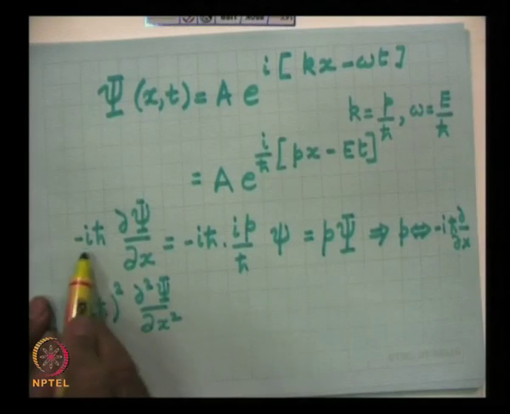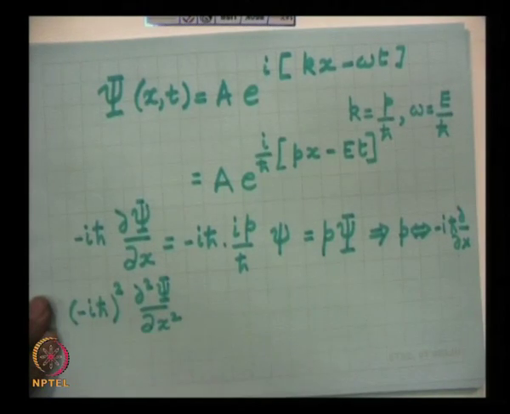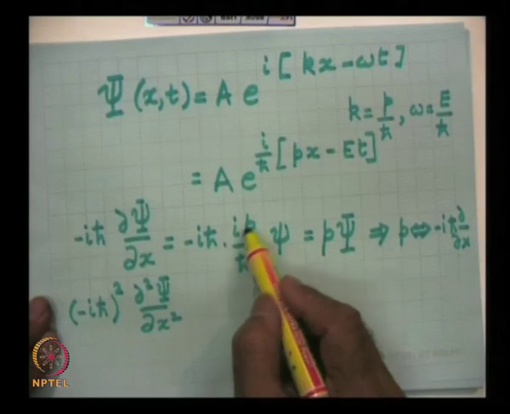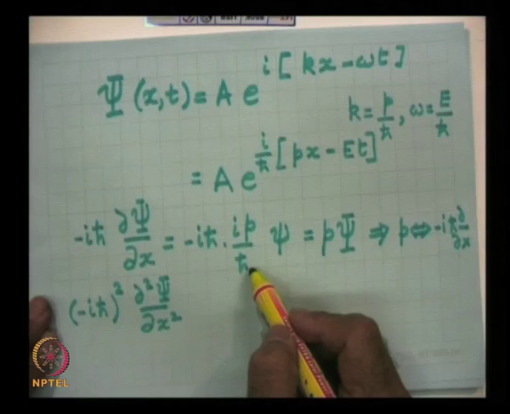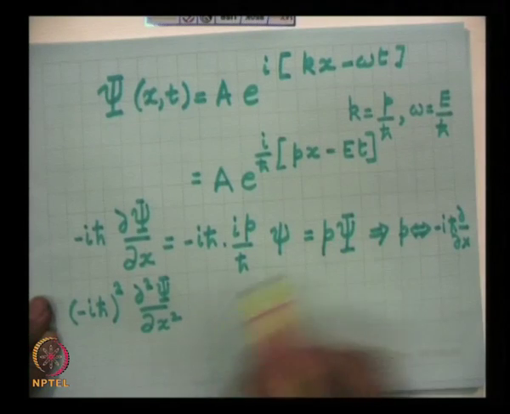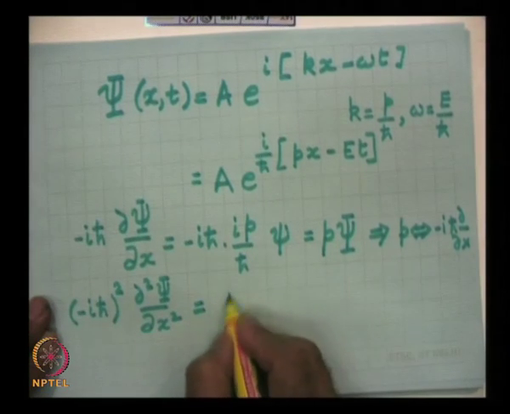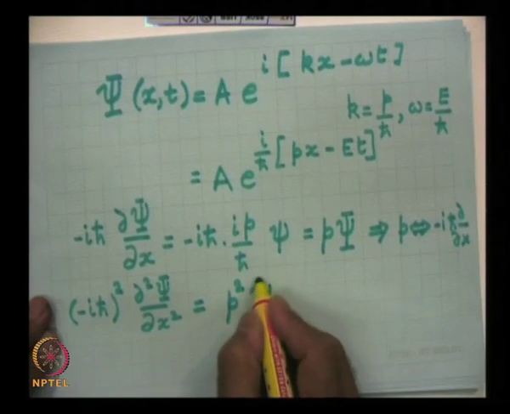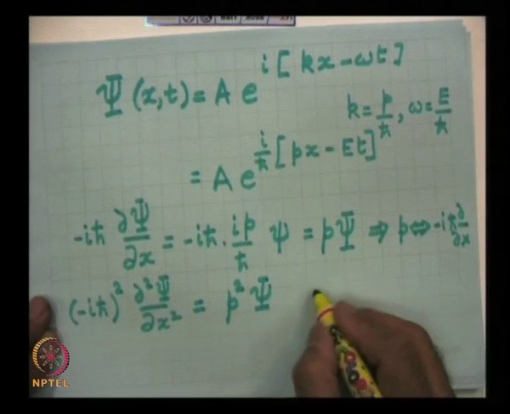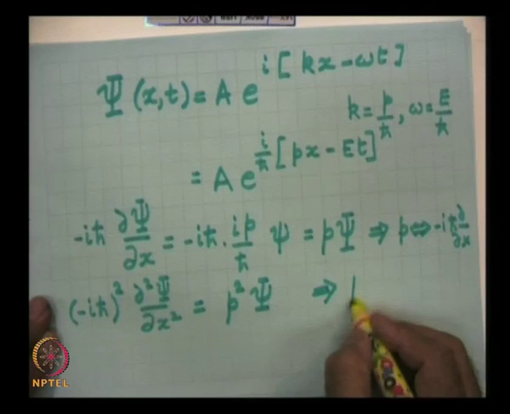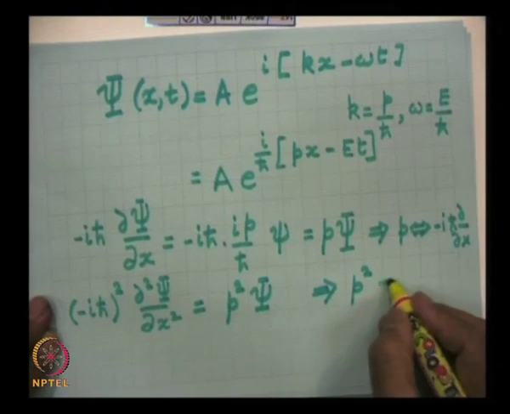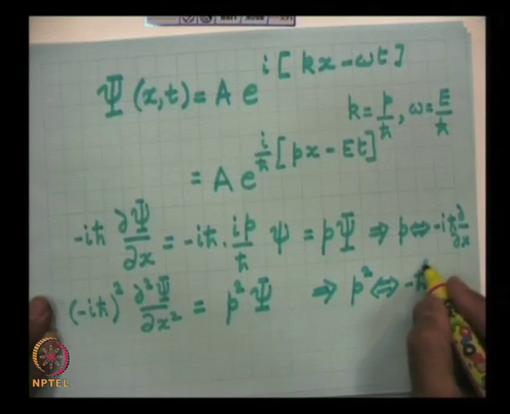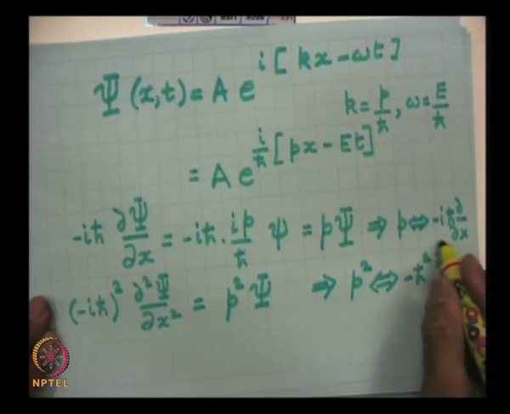So, I multiplied by minus i h cross, and if I differentiate this, then again I will get minus i h cross into i p by h cross, and therefore, a little algebra will show that this becomes p² ψ. So, this suggests that p² is equivalent to the operator minus h cross square ∂²/∂x².